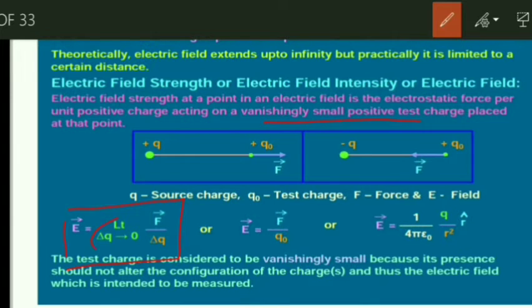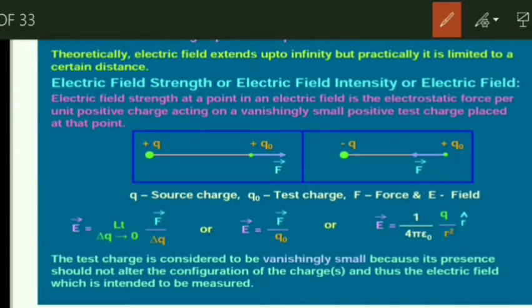So we take the limit delta q tends to 0, meaning the test charge should be very very small, very near to 0. And we take the ratio of force to that charge. This will give the electric field. Or simply we can write this as E is equal to F over q naught.